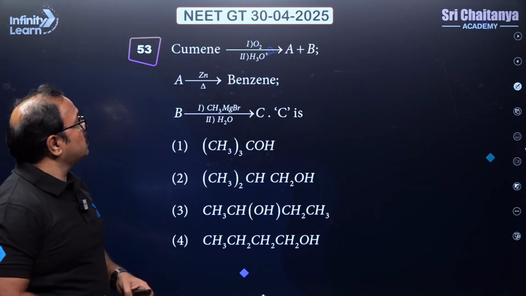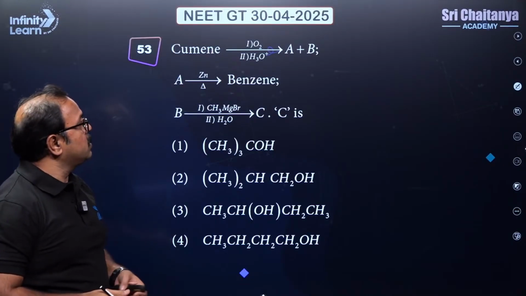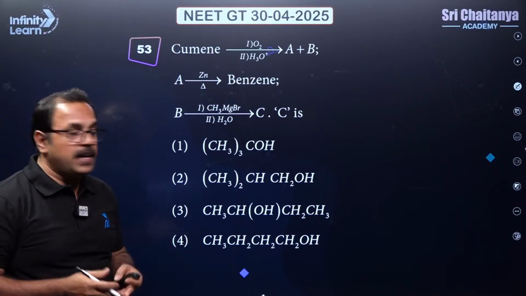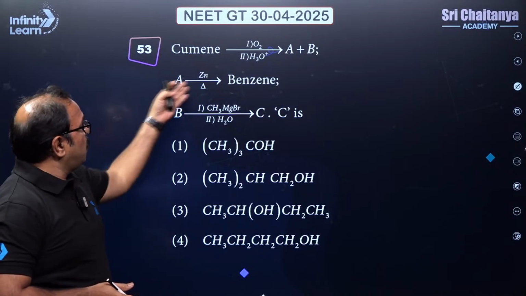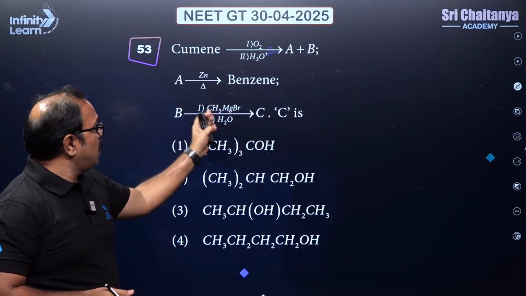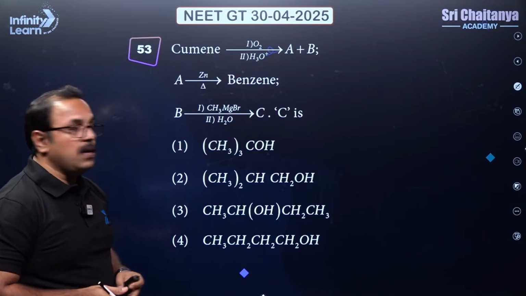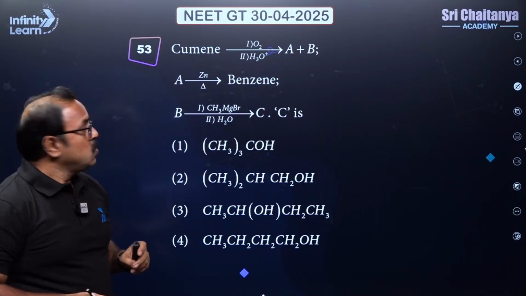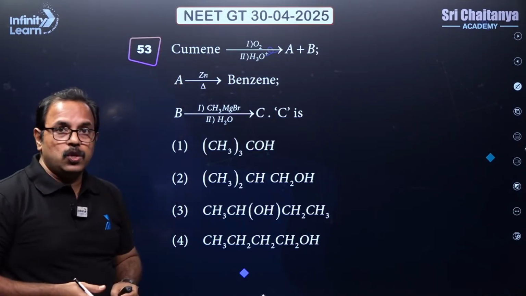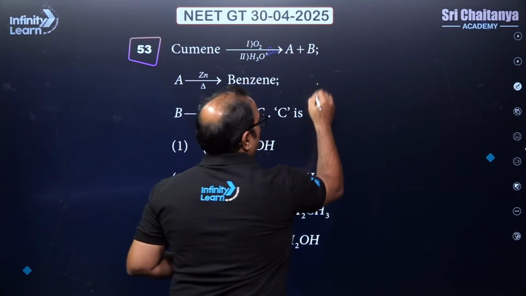Let us go to the next organic question. Cumene gets oxidized in acidic medium forming two components A and B. A upon reaction with zinc gives benzene, B on reaction with Grignard reagent gives C. So he is asking for C. We have to definitely start with cumene. Cumene is nothing but isopropyl benzene.